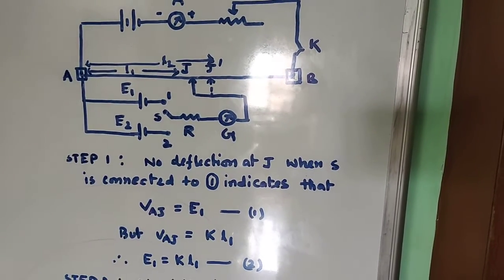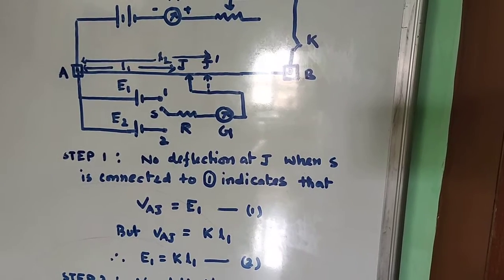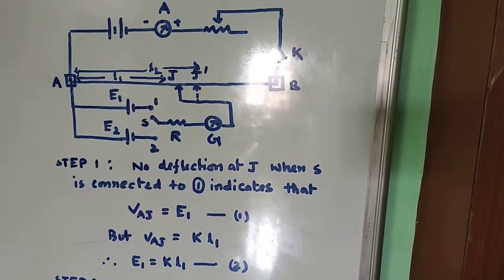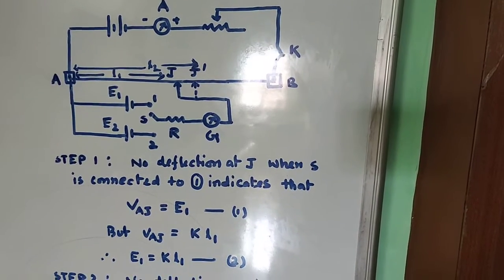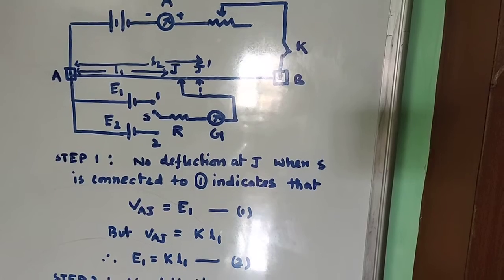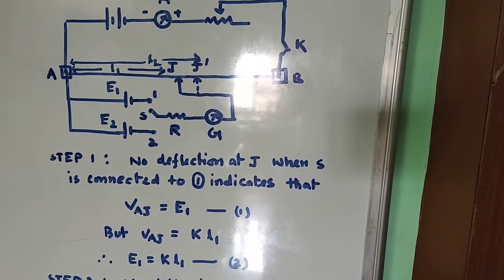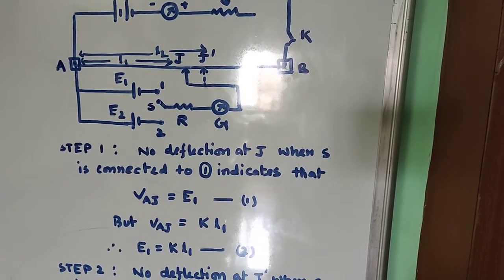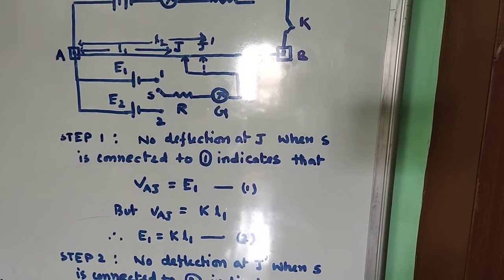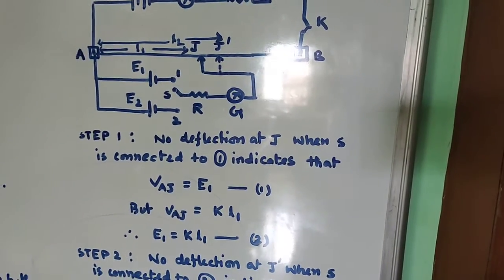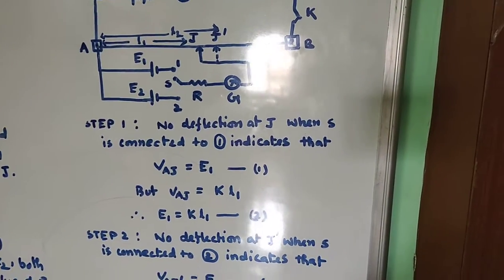So the potential difference across the length of the wire balances the EMF E1 of the cell, V_AJ equals E1. But from the principle of potentiometer, V_AJ equals K L1, where L1 is the length of the wire from A to J. If you equate, E1 equals K L1, we get equation number 2. This is very important, we are going to use it later on.